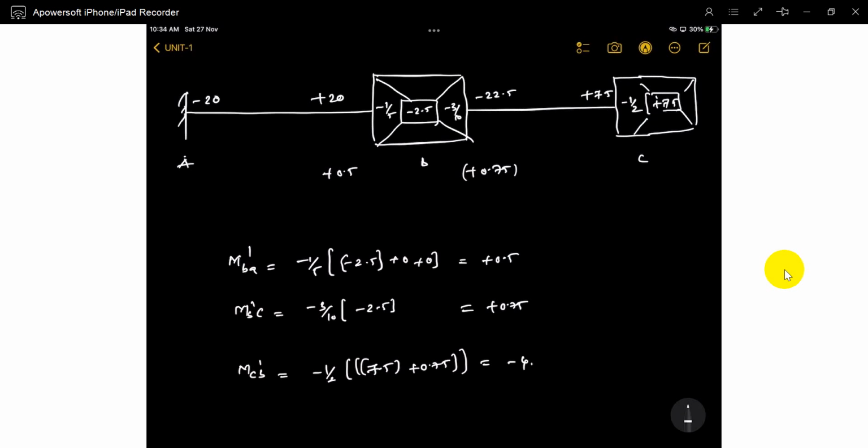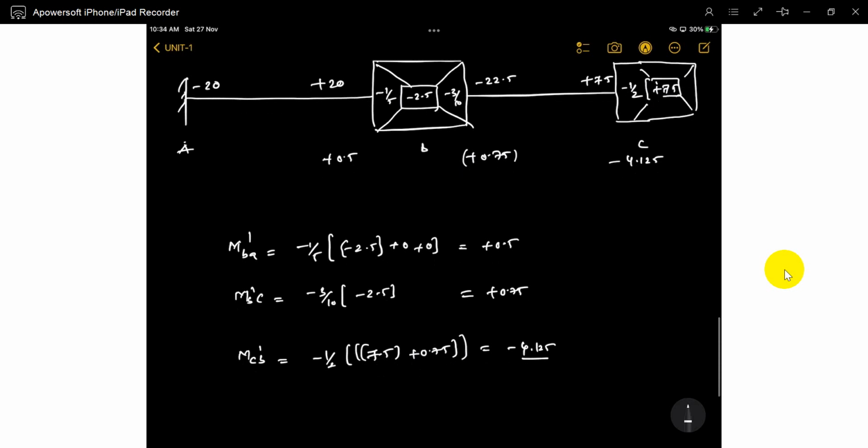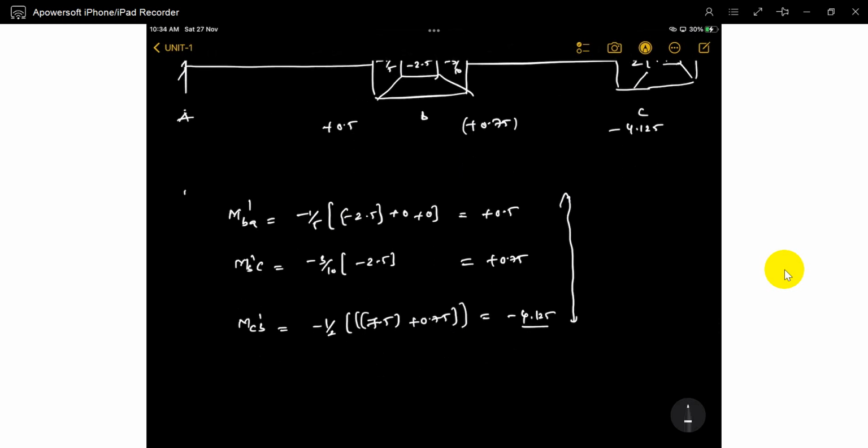Yes, minus 4.125. You will get minus 4.125. That's the first cycle. That's it. Goes to second cycle.